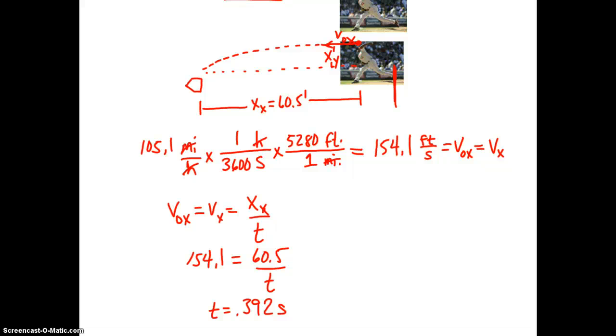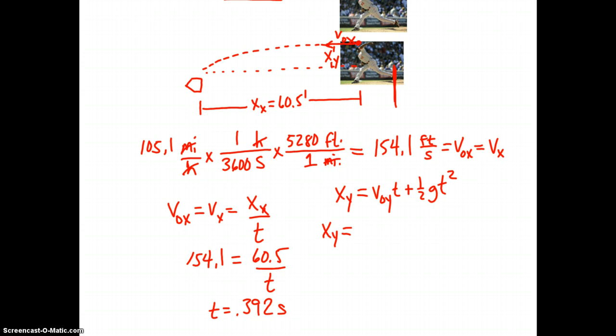All right, moving on. We now have the time. We can go ahead and find the xy value, and we're going to go to our vertical motion equation, which is xy equals voy t plus 1/2 g t squared. xy is what we're looking for.